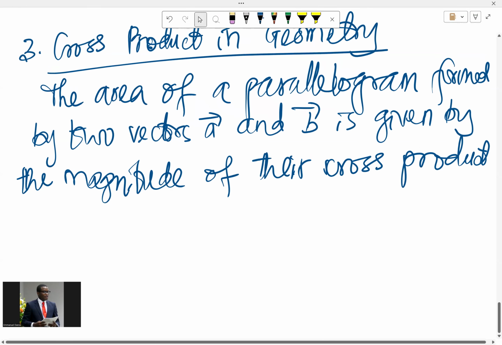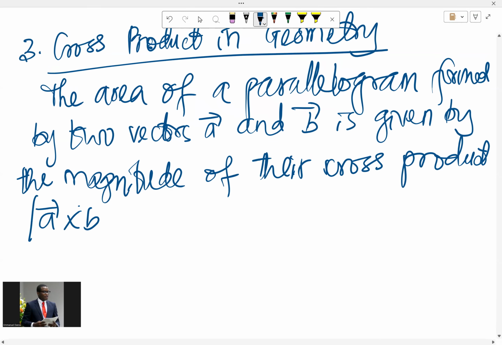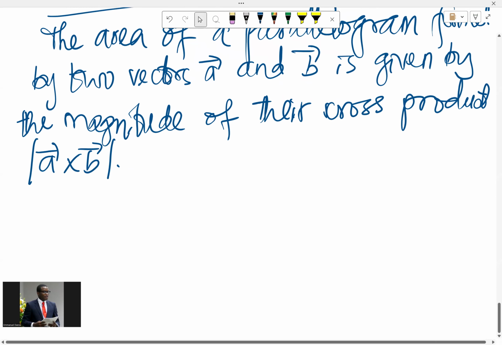And that is simply the magnitude of A cross B, like this. So if A and B form a parallelogram, the area of the parallelogram is actually the magnitude of the cross product of the two vectors.